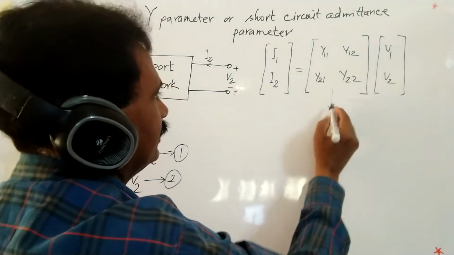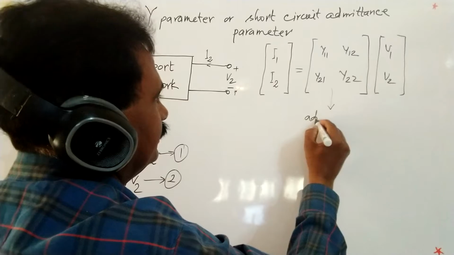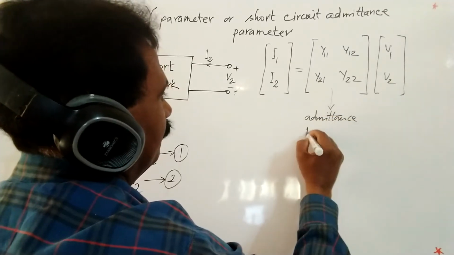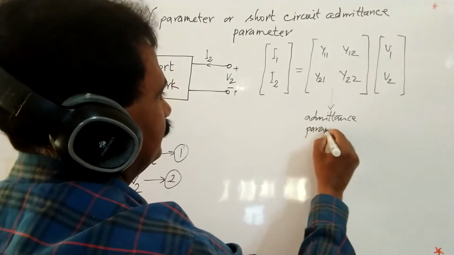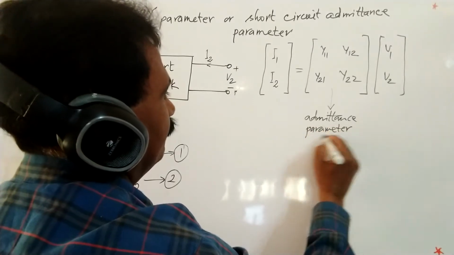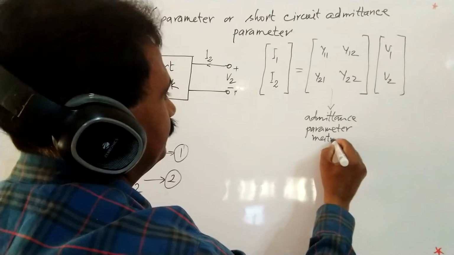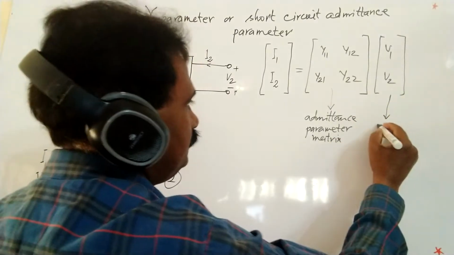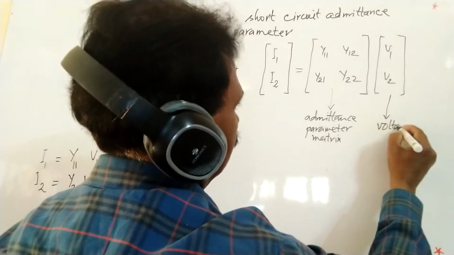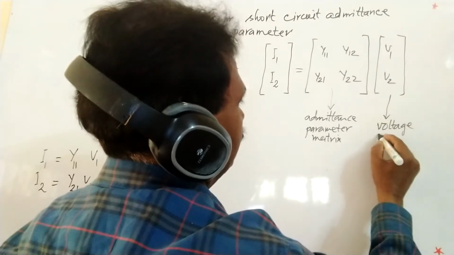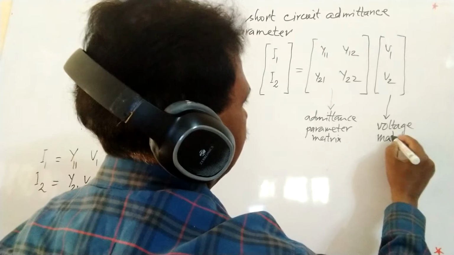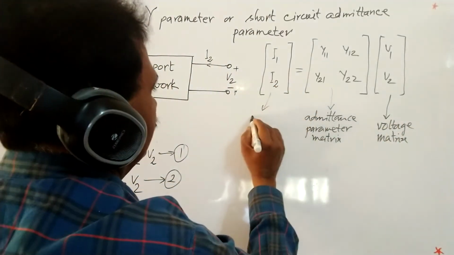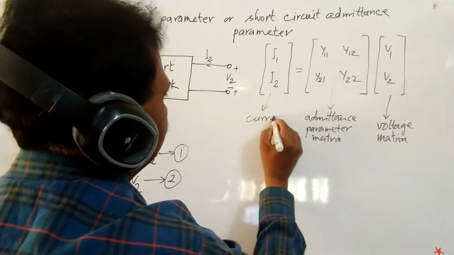Here this is the admittance parameter matrix. This is the voltage matrix, or voltage parameter matrix. This is the current matrix.